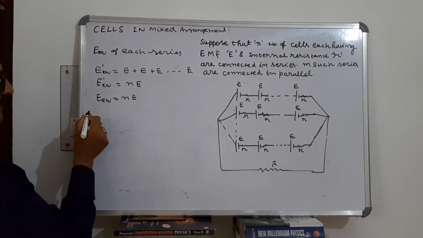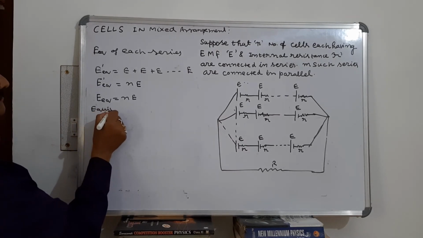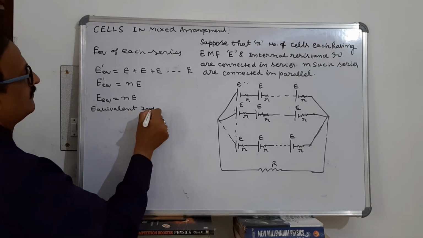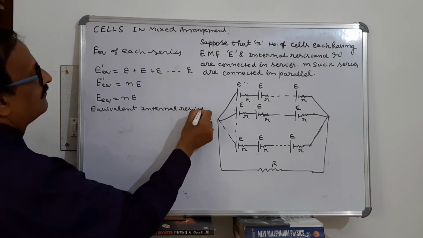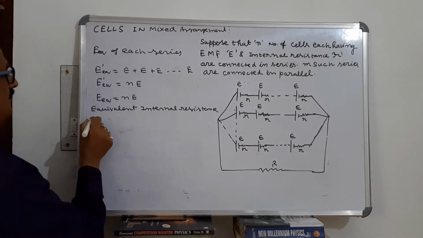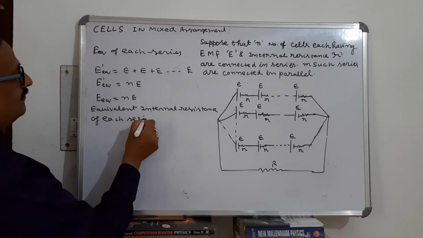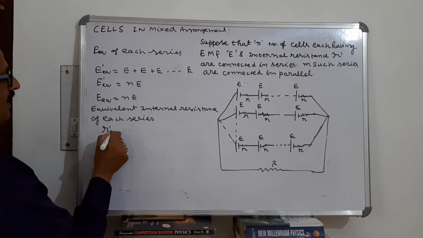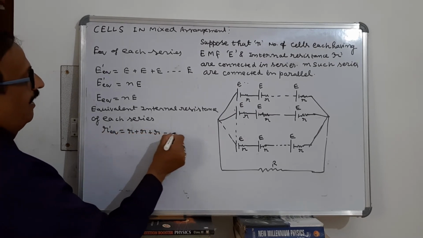Now equivalent internal resistance of each series, r dash equivalent, is equal to r plus r plus r up to n terms.